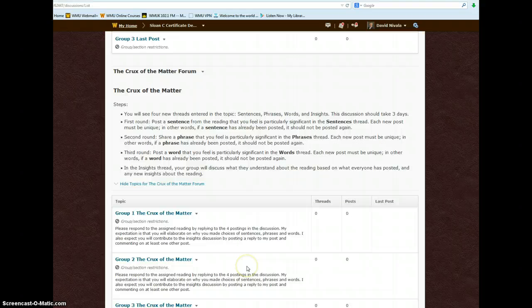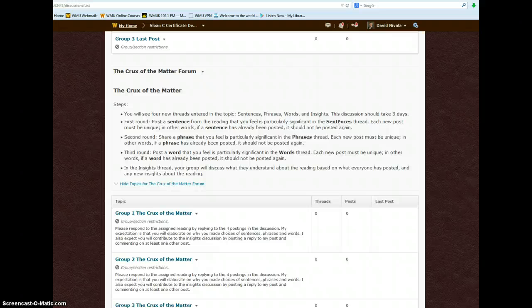Also, the crux of the matter, that's posting a sentence about the reading. It's a response. Again, another adult learning thing is having emotional response, and that's certainly more on the transformational learning side, but having emotional response to some of the content.